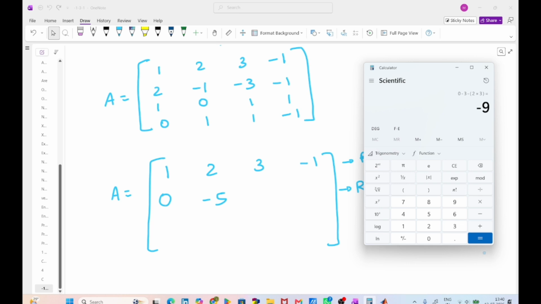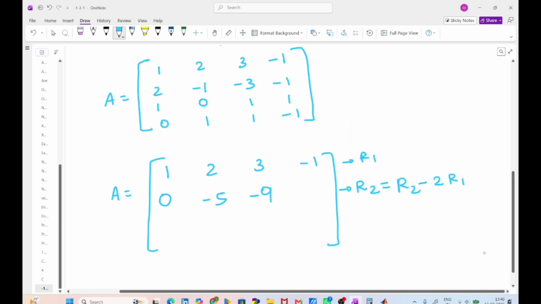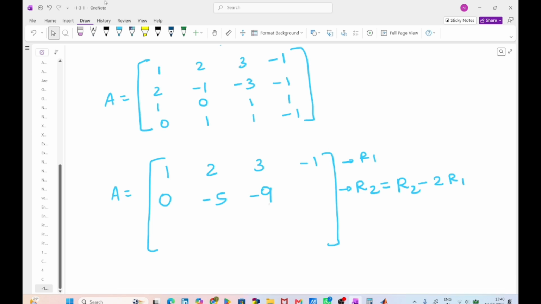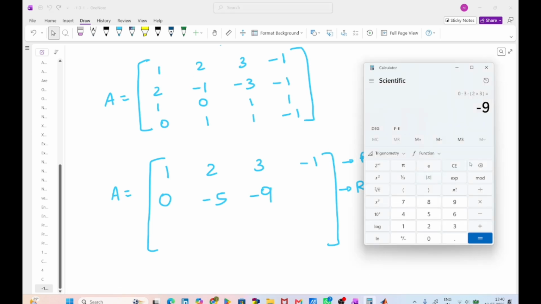Minus 9 here. Then minus 1 minus 2 into minus 1: minus 1 minus, open bracket, 2 into minus 1, close the bracket. The answer came as 1.